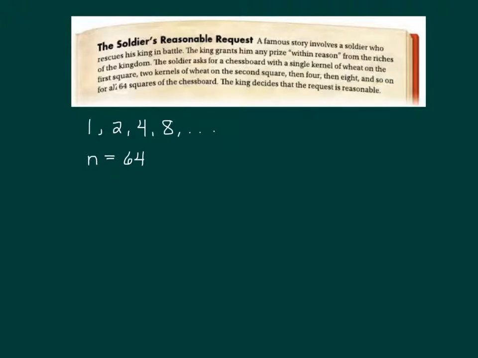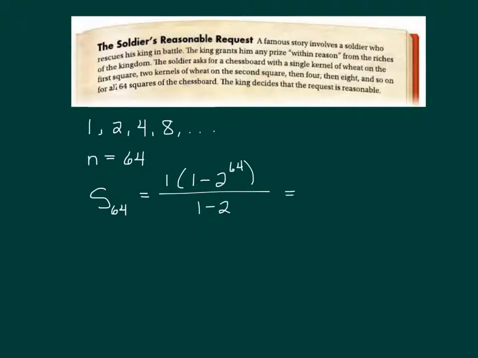So our geometric series, we are summing the first 64 terms, and our formula says that will be the first term times 1 minus r, so 1 minus 2 to the 64th all over 1 minus 2.